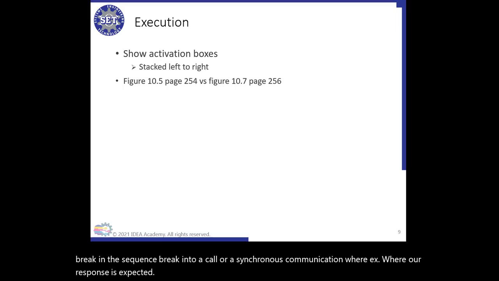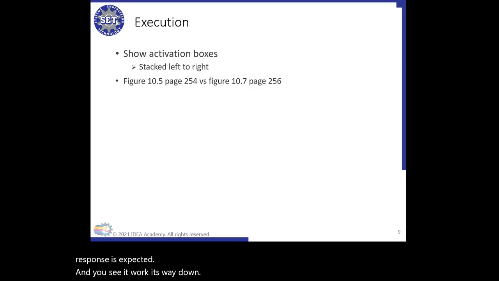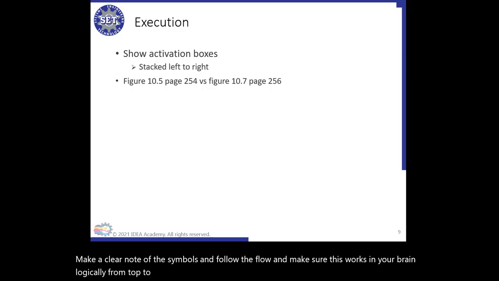Then you see it work its way down. What I would do in your study of this is make a clear note of the symbols and follow the flow, and make sure this works logically in your brain from top to bottom. Figure 10.5.